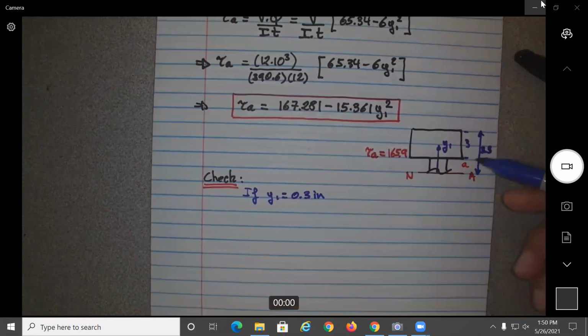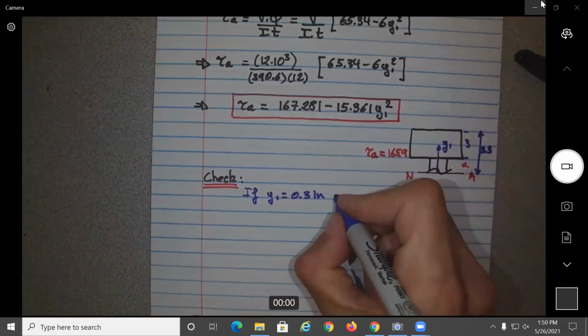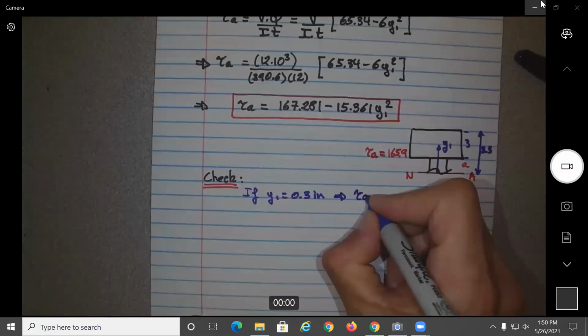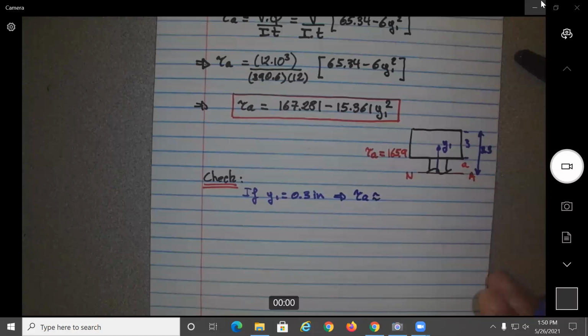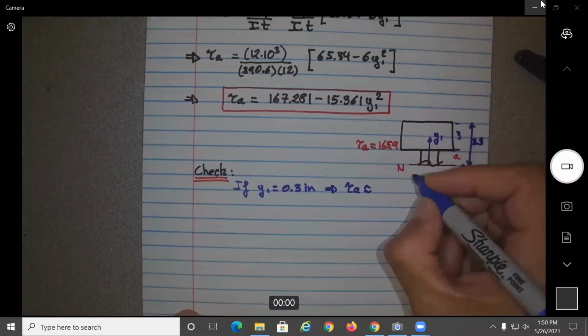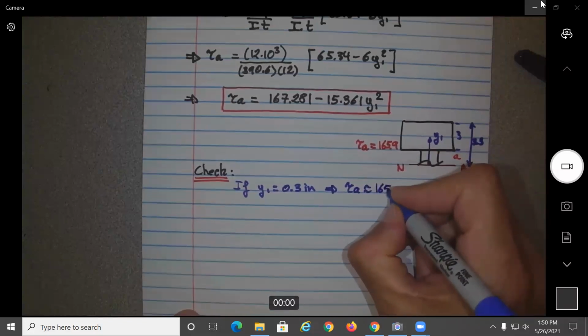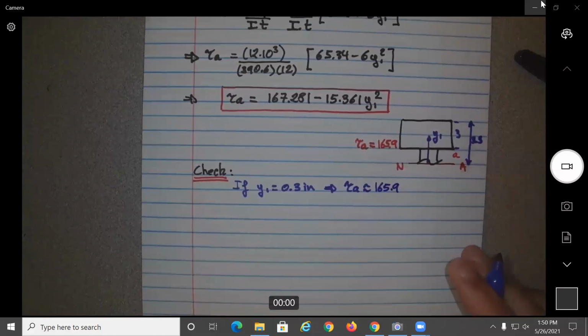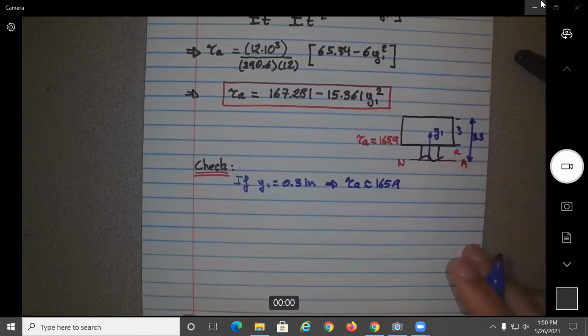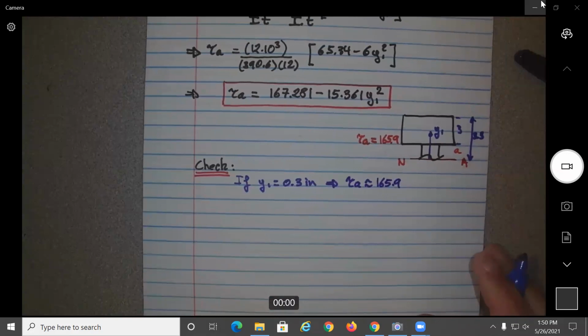From the neutral axis. Can somebody do the calculation? I hope that if it's not exactly the same thing, you should get something very close to 165.9. Is that correct? Okay, good.